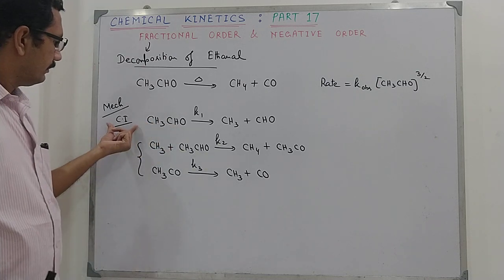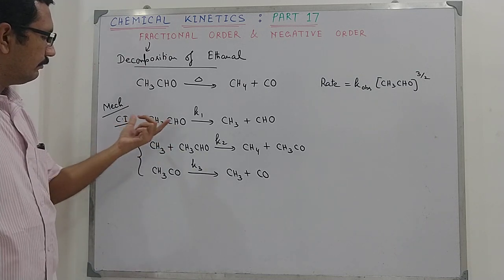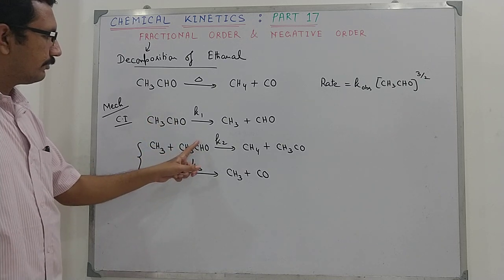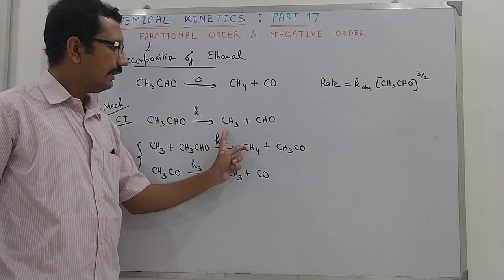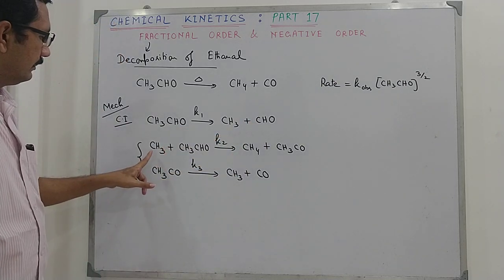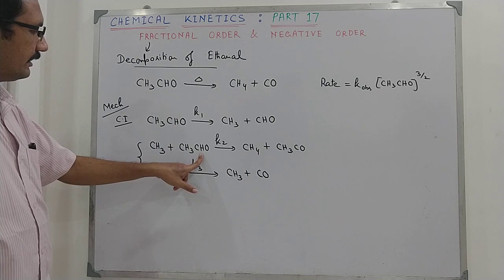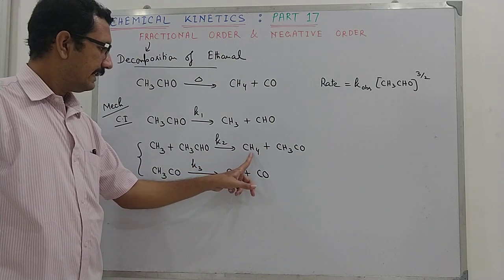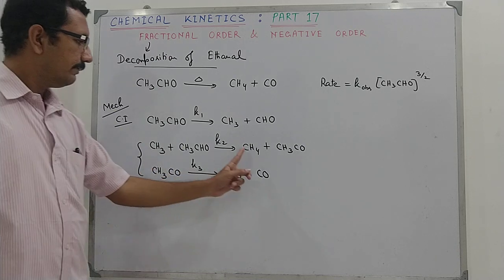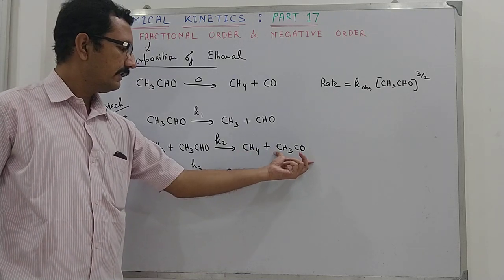Now in the chain initiation we see that ethanol molecule first decomposes to give you CH3 radical and CHO radical. Now this CH3 free radical reacts with another ethanol molecule to give CH4. This H is being extracted by this radical to give CH4 and we have CH3CO.